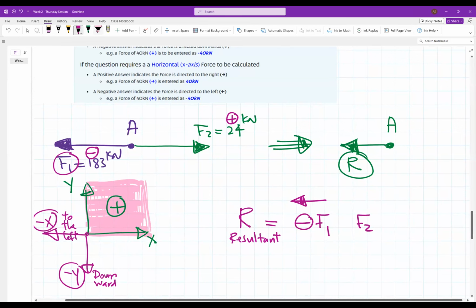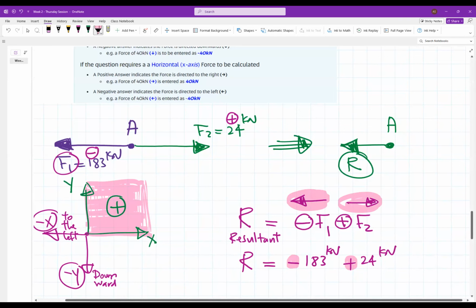F2, because it is to the right, I will give it a positive sign. Is this clear? Okay, so R will be negative 183 kilonewton plus 24 kilonewton. These two signs, again, are because of the direction, to the left and to the right.